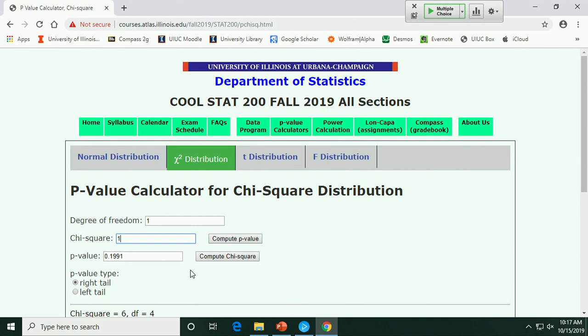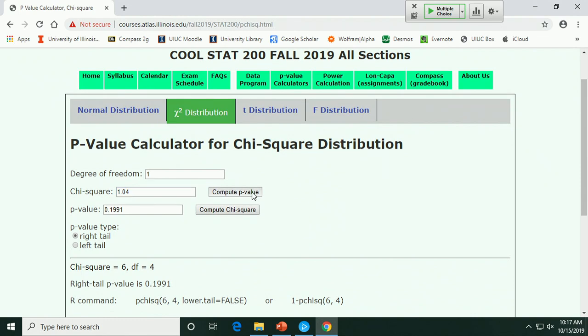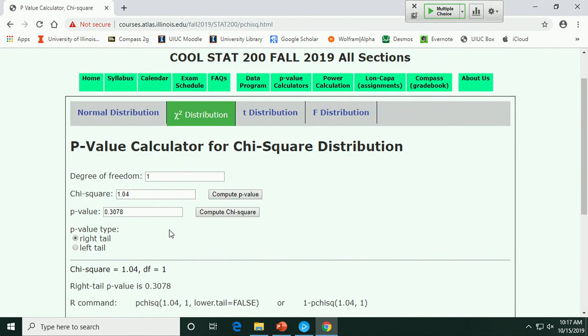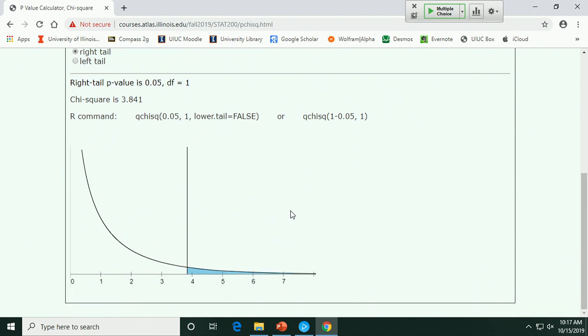Chi-square is 1.04. We compute the p-value, and it's 30.78. Again, you can see the critical value here, when we have just 5% in the tail, is 3.841. So we'd have to get bigger than that.